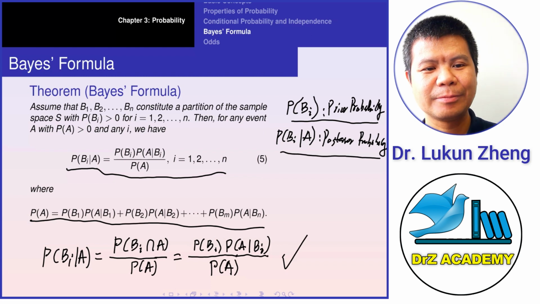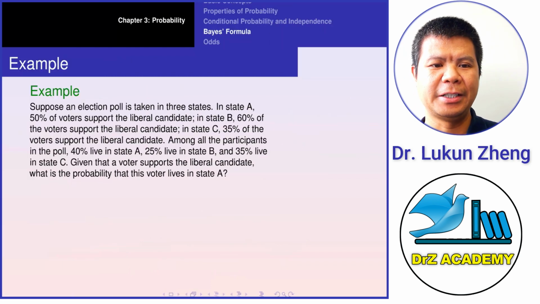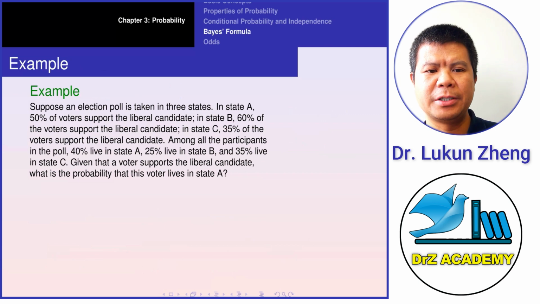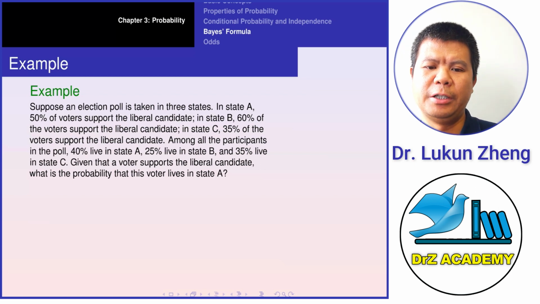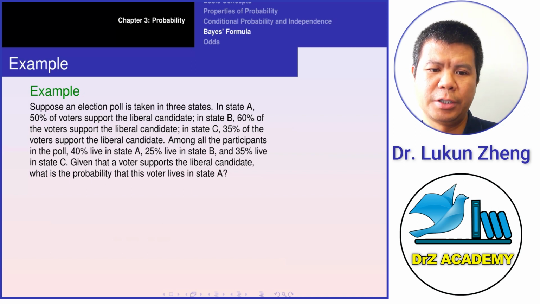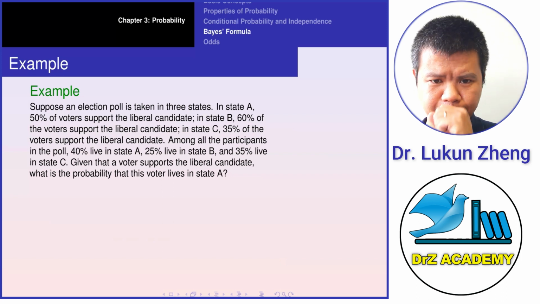Now let's consider this example. Suppose an election poll is taken in 3 states. In state A, 50% of voters support the Liberal candidate. In state B, 60% of the voters support the Liberal candidate. In state C, 35% of the voters support the Liberal candidate.